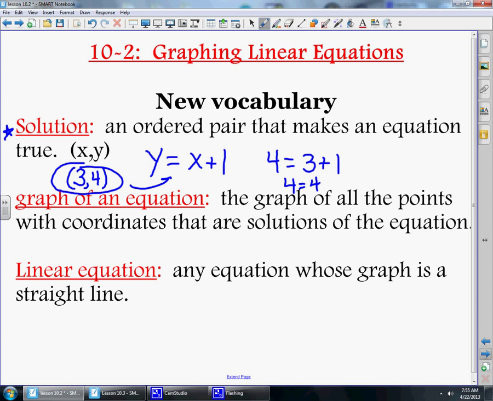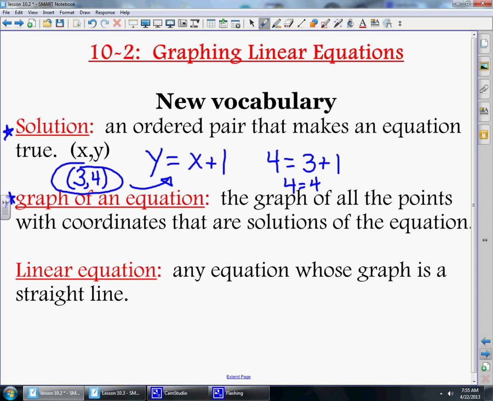So this is a solution for that equation, y equals x plus 1. And there are many, many more solutions for that equation. In fact, there's an infinite number of solutions. The second term is the graph of an equation: the graph of all points with coordinates that are solutions to an equation.